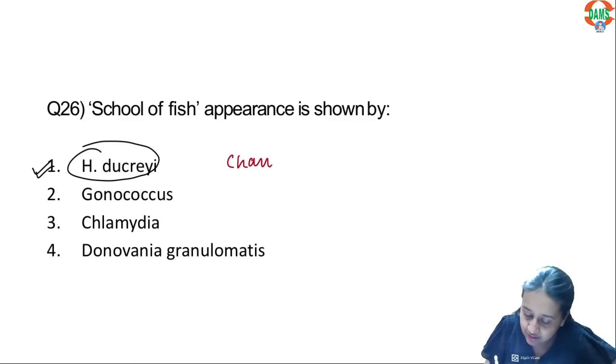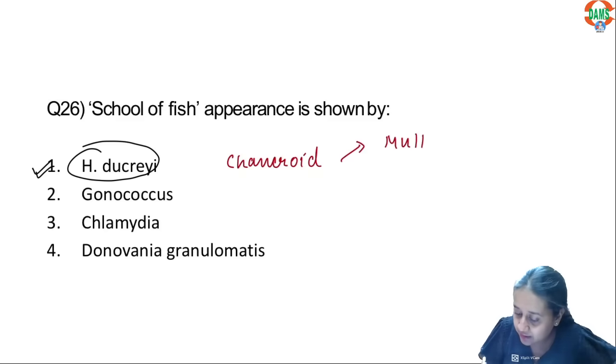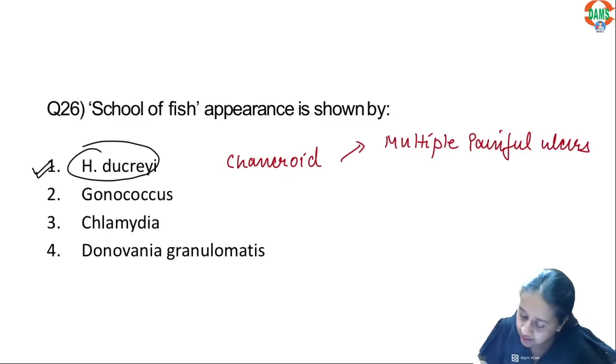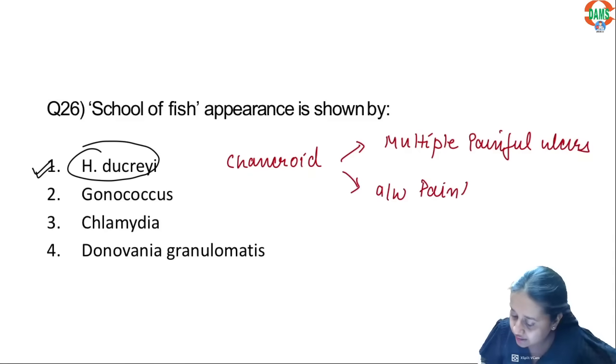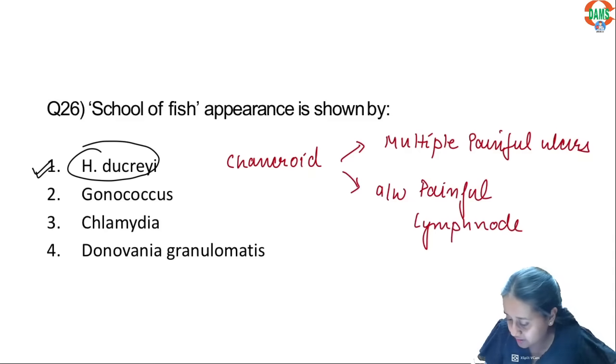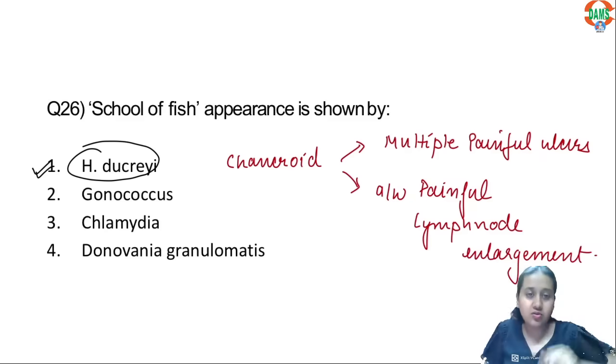It causes a disease which is known as chancroid, which has multiple painful ulcers, and it has associated painful lymph node enlargement. So this is your chancroid.